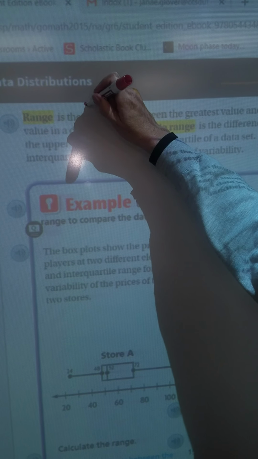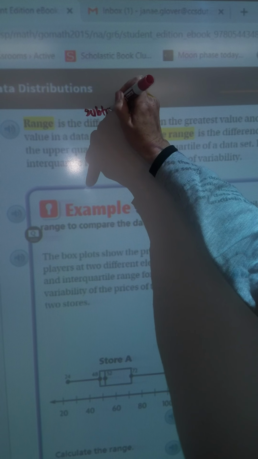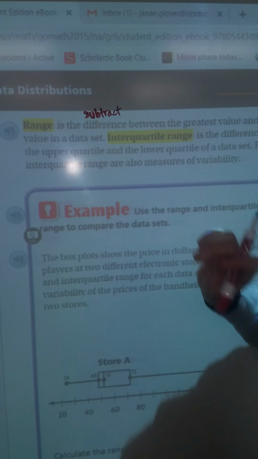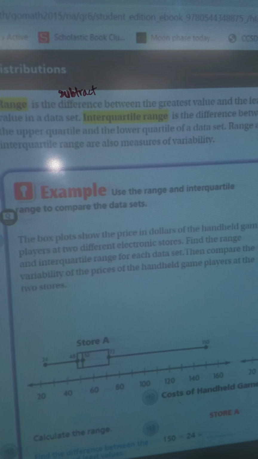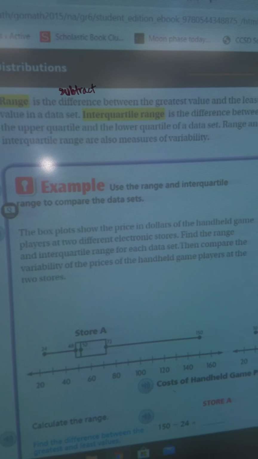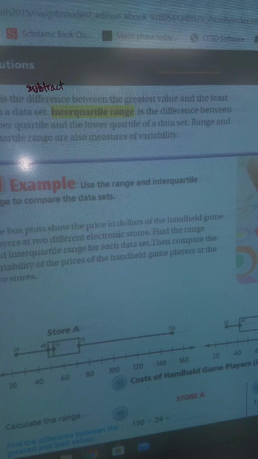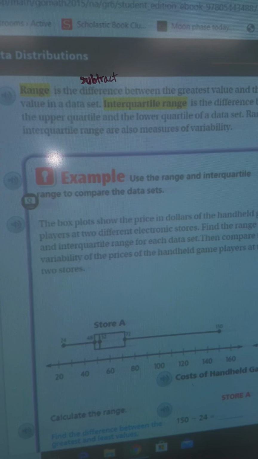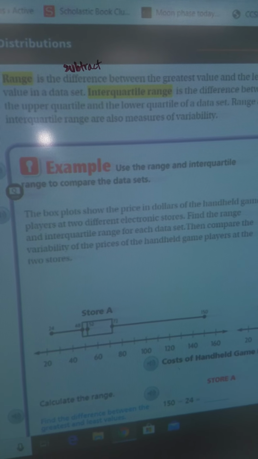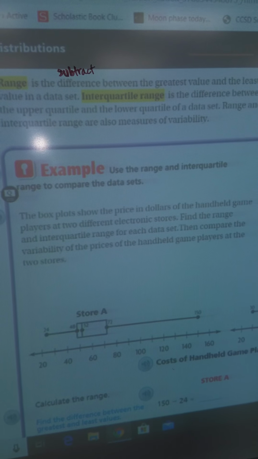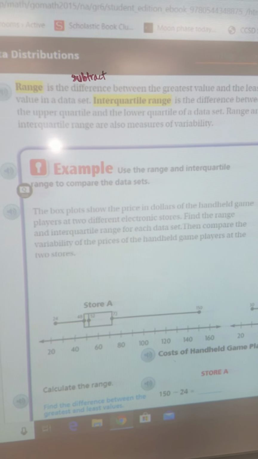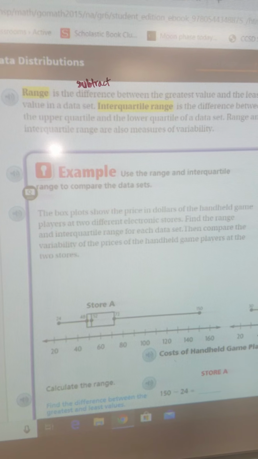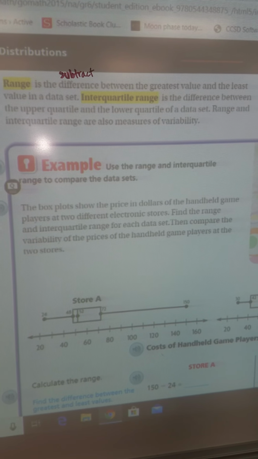Remember, this word means subtract, right? That's the answer to a subtraction problem. Range is the difference between the greatest value and the least value in a data set. The interquartile range is the difference between the upper quartile and the lower quartile of a data set.